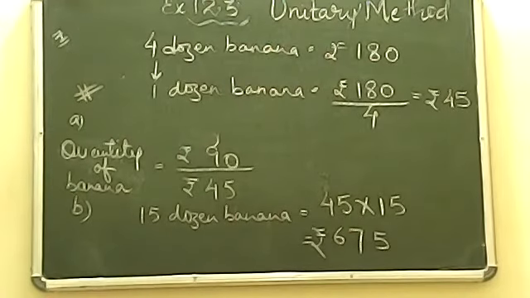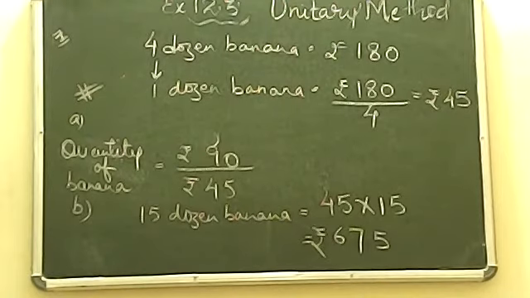Question number 8: the weight of 72 books is 9 kg. What is the weight of 40 such books?